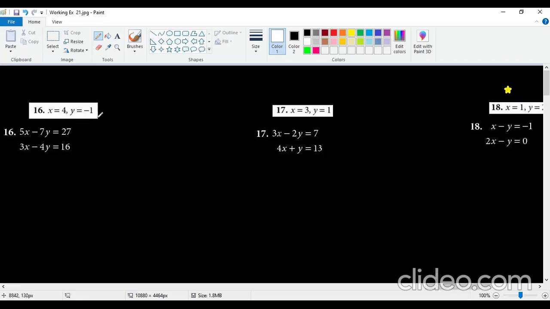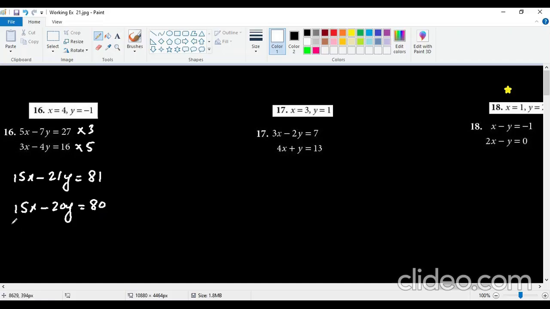In here, I will multiply this equation by 3 and this equation by 5. So the first one is going to give us 15x minus 21y equals 81, because 27 times 3 is 81. And 5 times 3 is 15, and minus 20y equals 16 times 5, which is going to give us 80.